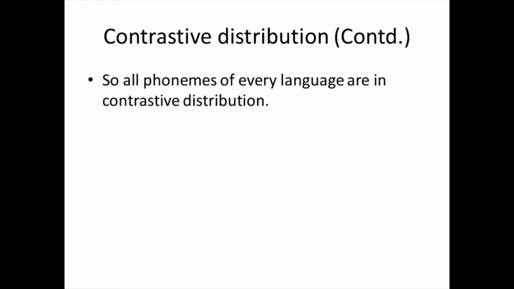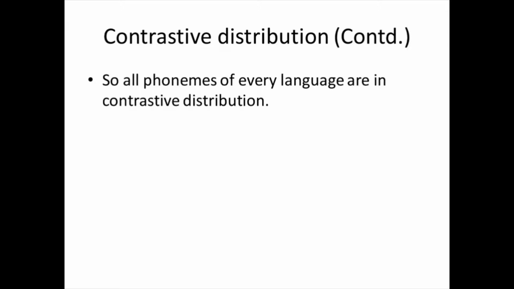It means one can take the place of the other and result in a change in meaning. So sometimes contrastive distribution is in terms of the fact that when you replace one with the other, they cause meaning change.